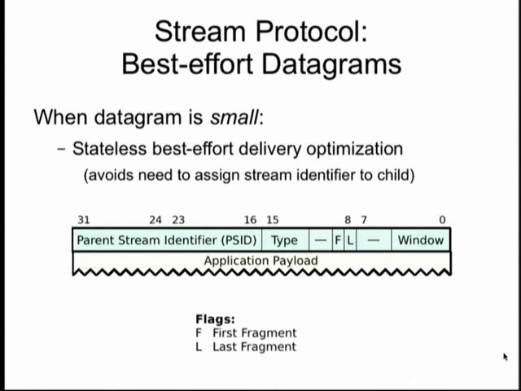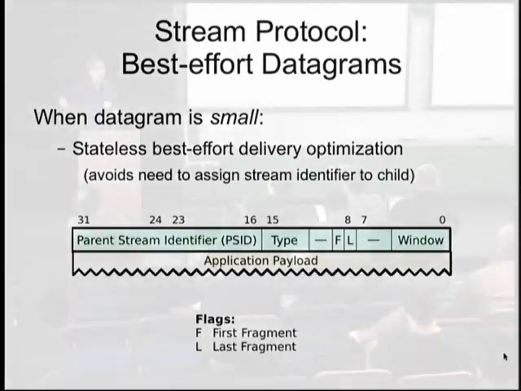Instead, it just delivers the entire datagram in a contiguous sequence of packets indexed by the channel protocol's packet sequence number, and basically sends it in unreliable fashion, much like would be done in other datagram-oriented transports.